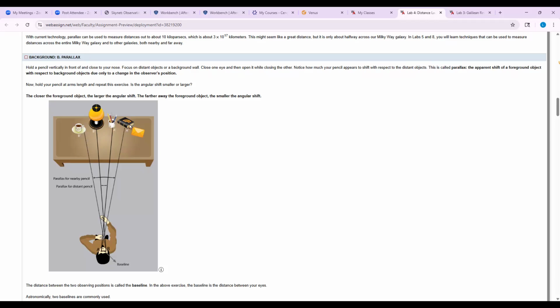You may have several items like a book, a letter, a pen holder, a light, or a cup of coffee. Your baseline for the parallax is the distance between your eyes. If you close one eye and open the other, you see the object at a different location. This is a very simple way to consider parallax.